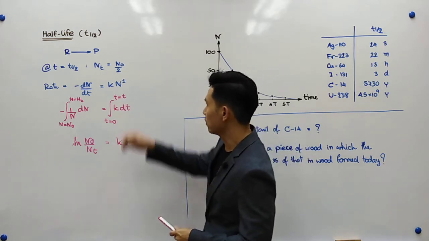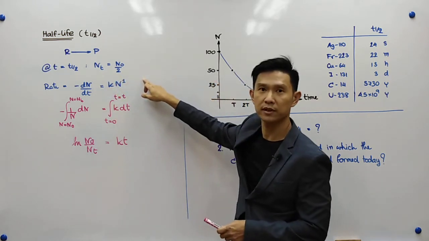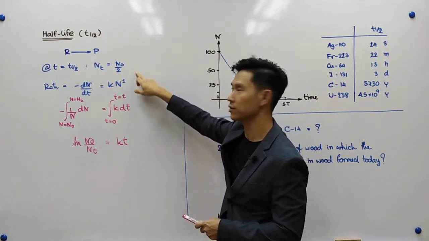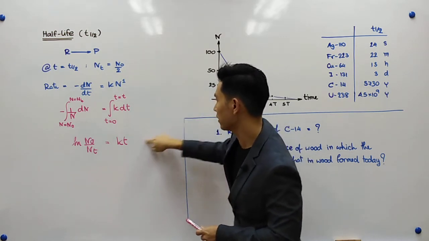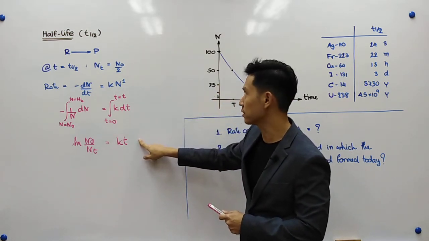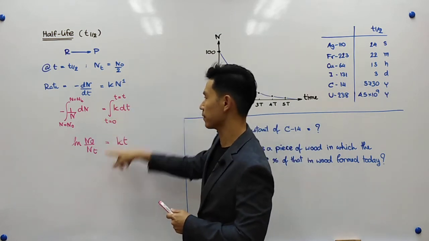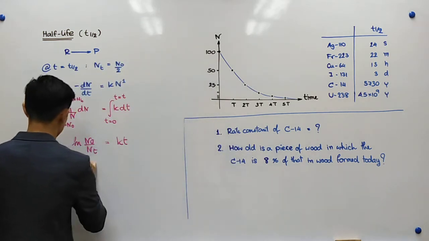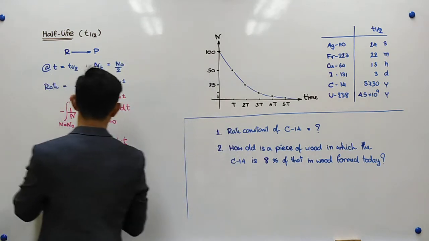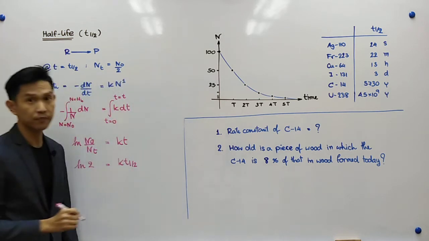Now, because we know that at t equal to half-life, Nt will be equal to N0 over 2, we substitute it into the equation. Because Nt equals N0 divided by 2, N0 over Nt is actually equal to 2, so ln 2 is equal to k multiplied by the half-life.